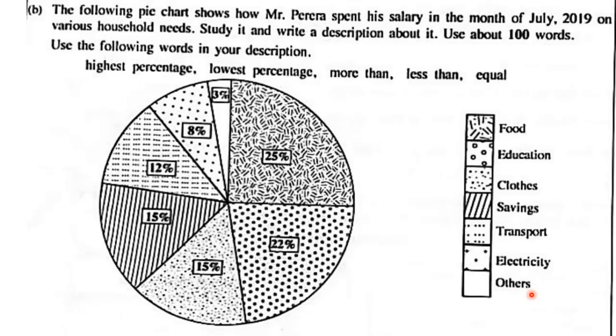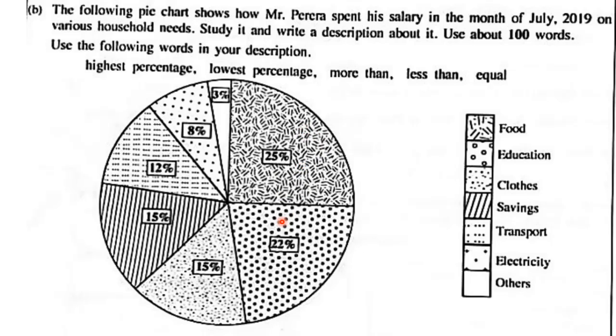So you can start. He spent how much on food? This is the highest, right? So you can say the highest percentage of his salary was spent on food. Or you can also say he spent 25% of his salary on food.